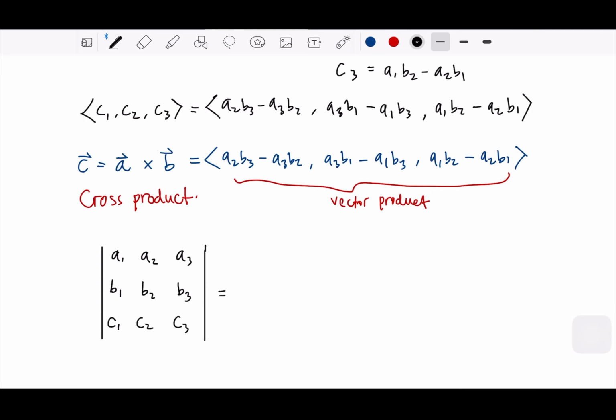We can rewrite this as A1, B2, B3, C2, C3 minus A2 and plus A3.